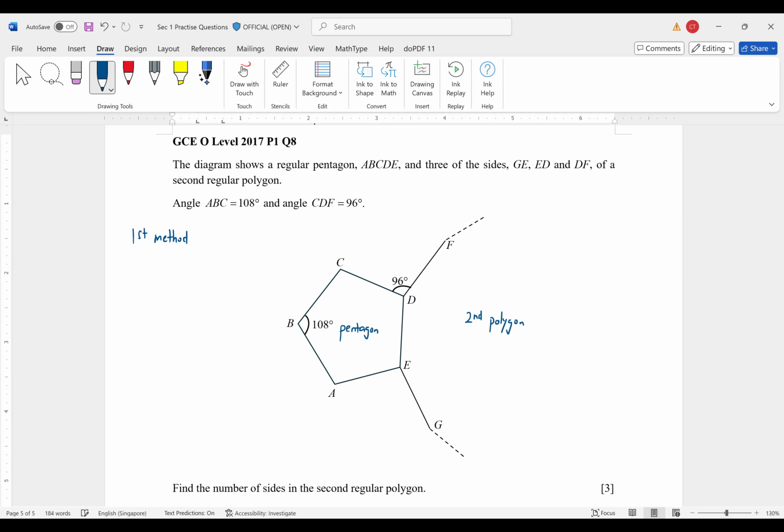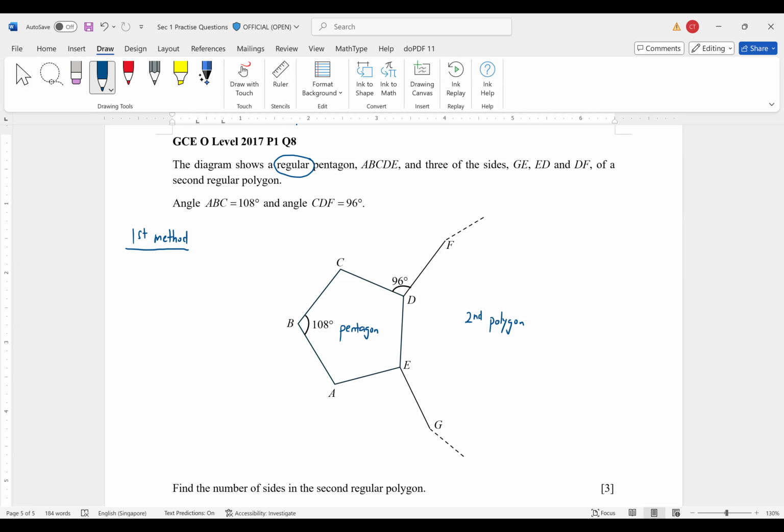The first method will involve using the interior angle of this second polygon to find the number of sides. Firstly, you've got to read the question carefully and pay attention to the details. The pentagon that they talk about is a regular one. A regular pentagon has equal interior angles. A pentagon is a five-sided figure, and therefore it has five interior angles.